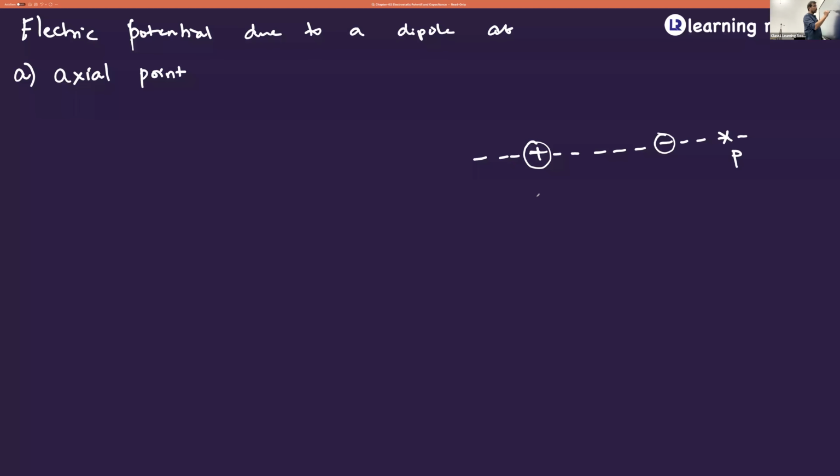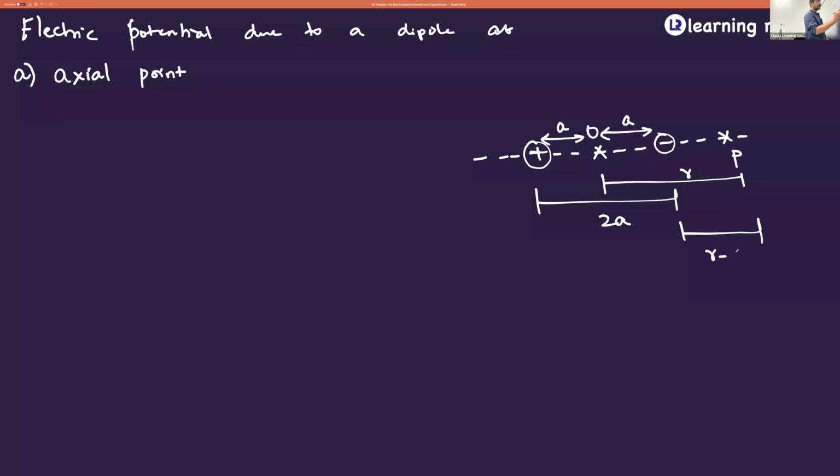The distance is taken to be 2a, and the center of the dipole is O, so this distance is a and this distance is a. From the center to the point P, if I take this distance to be r, then this distance is r minus a, and this distance is r plus a.